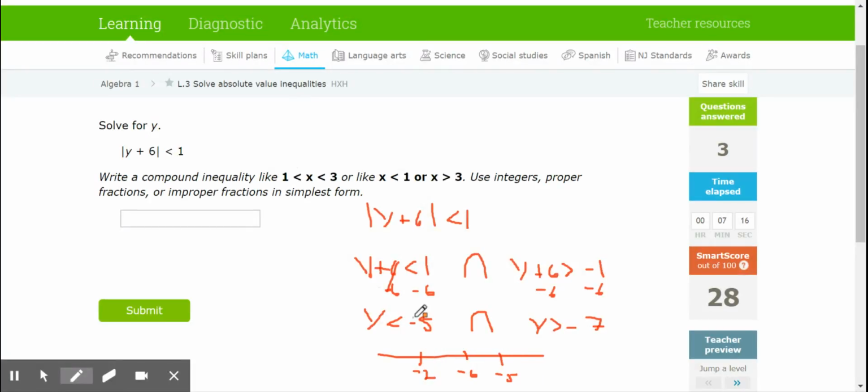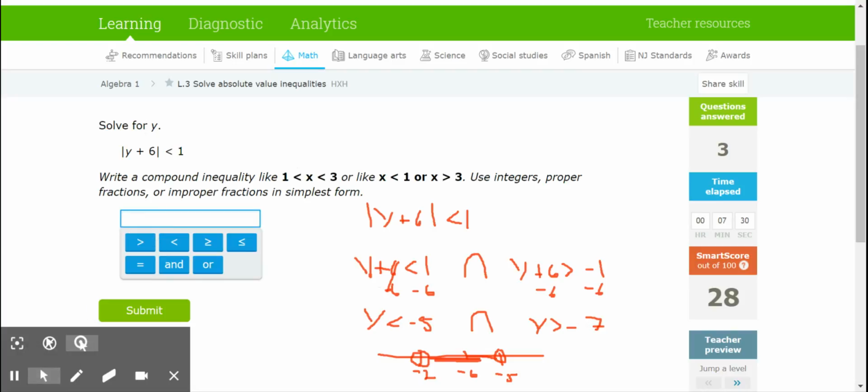So y is less than -5, open circle here, line extending in this direction. y is greater than -7, open circle here, line extending in that direction. They overlap between -7 and -5. -7 is less than y, which is less than -5.